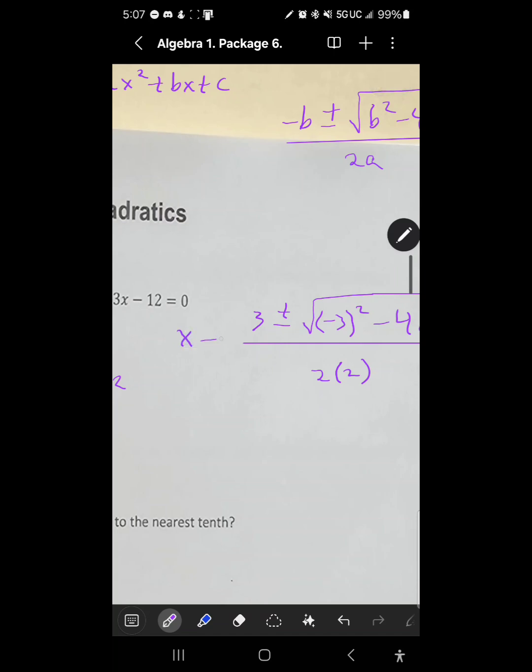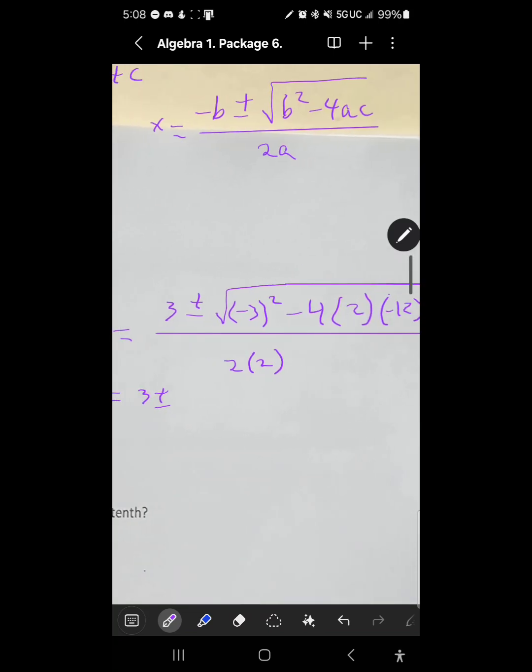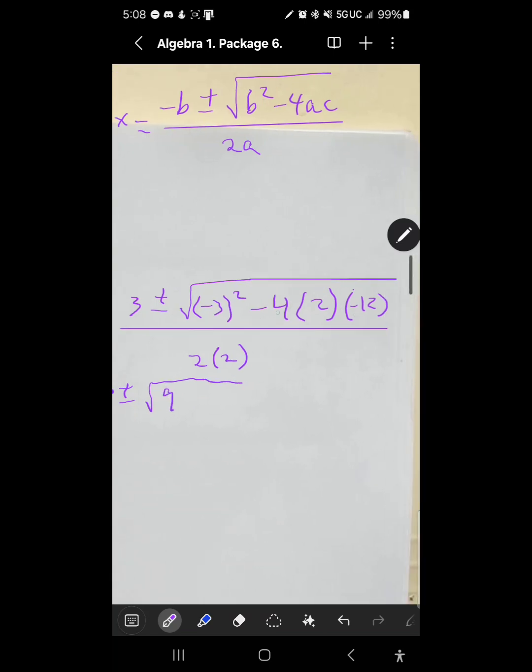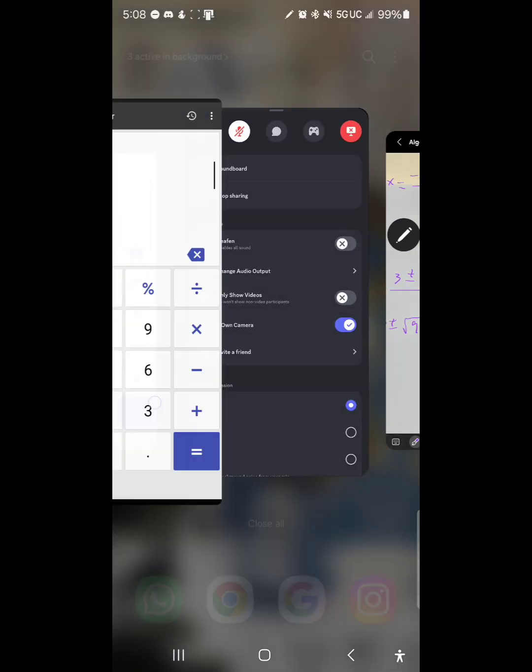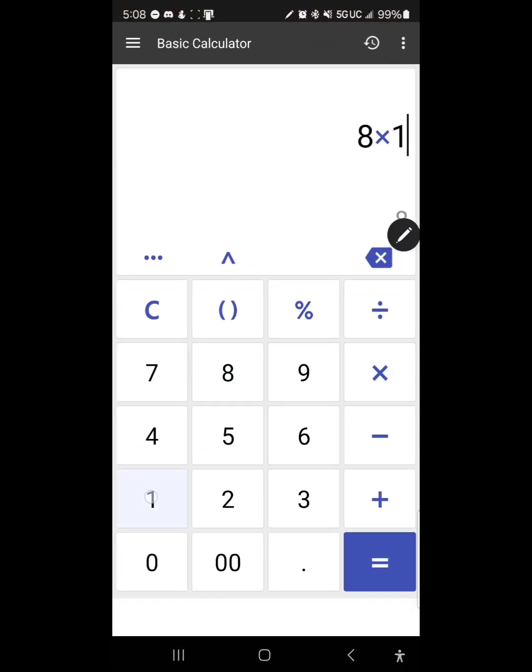So we have this, and we're going to solve. Basically we say x equals this. Now we have x equals 3 plus minus. Negative 3 squared is just 9. So 9 minus, and minus times minus is positive. So plus 4 times 2, 8, times 12. 8 times 12 is 96.